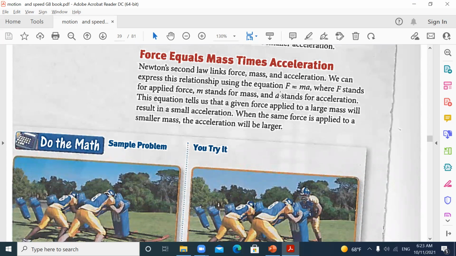In this equation, force equals mass multiplied by acceleration, where F stands for force, M for mass, and A for acceleration. This equation tells us that a given force applied to a large mass will result in a small acceleration, like the example of your friend. When the same force is applied to a smaller mass, the acceleration will be larger.